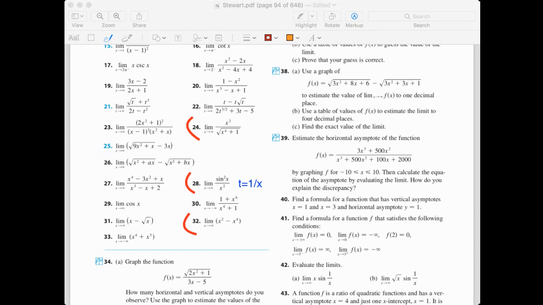But the problem is this: what if x squared is 0? We cannot divide by 0. That's the only problem. Do you see that? We can always multiply by something, right? But sometimes we may not be able to divide by a thing, especially when the thing is 0. So let's see.